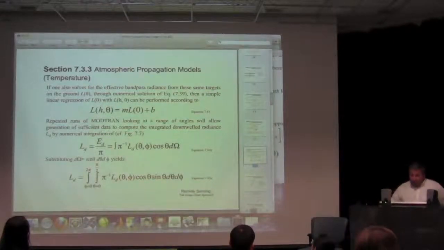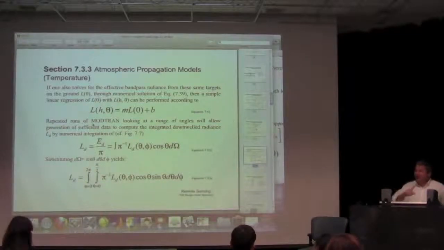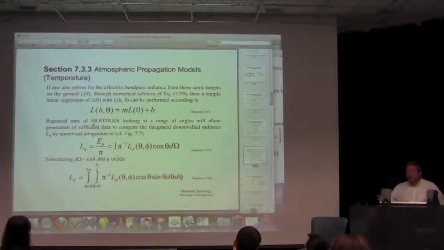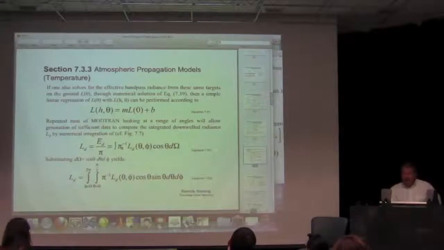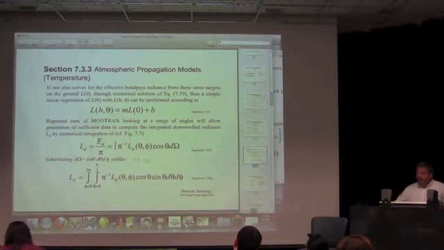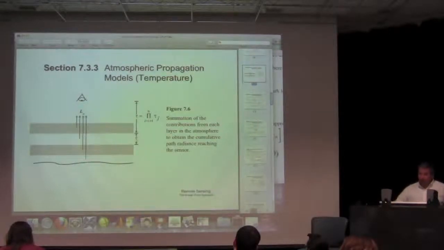It's almost like we're making you do this lab for a reason. Just like you're doing in the lab right now, if you ran MODTRAN again, and this time, rather than a geometry where you're looking down at the ground, you bring your sensor down to the ground and look up, you're looking through all the atmospheric layers to space, and you can do that at all different angles.